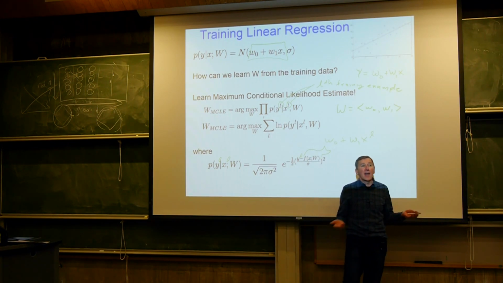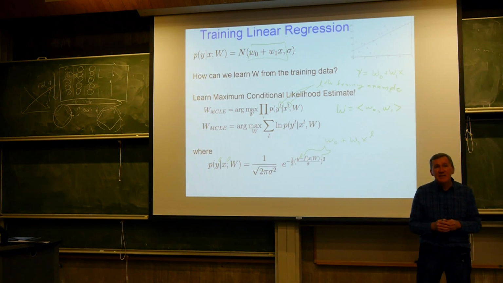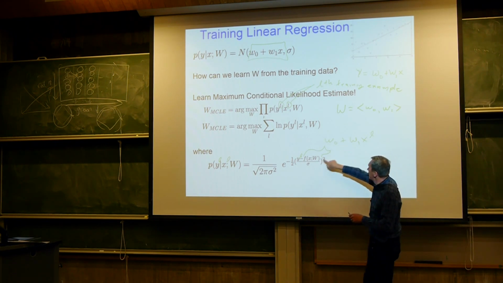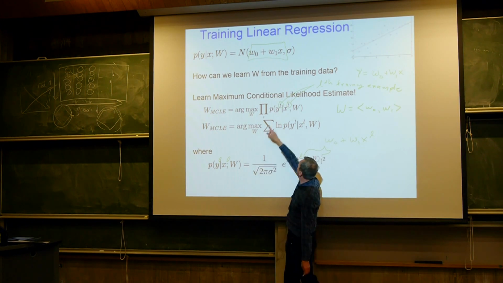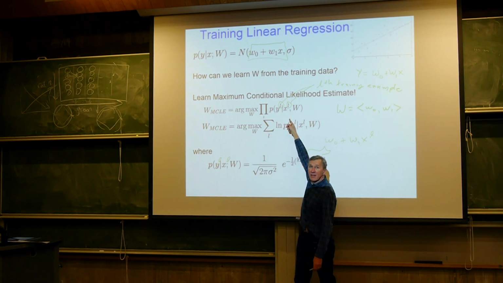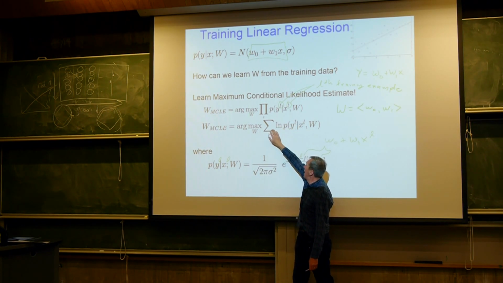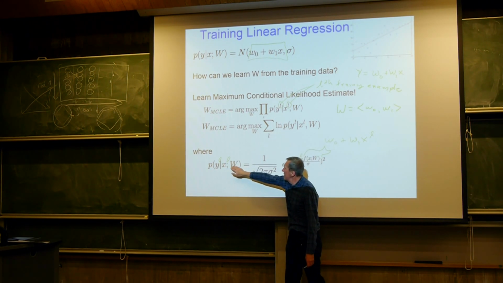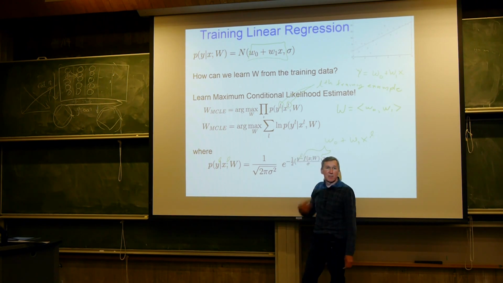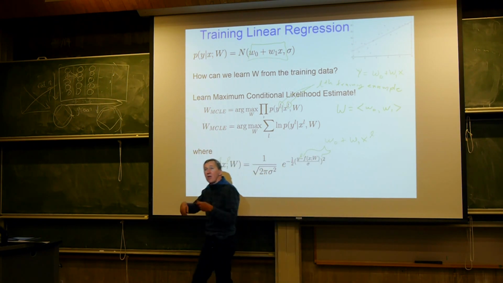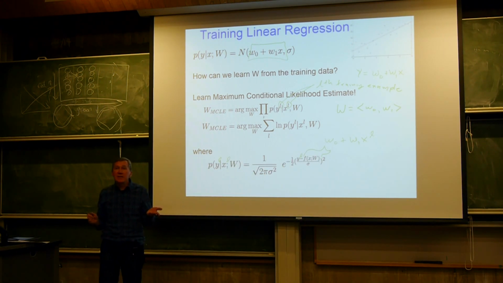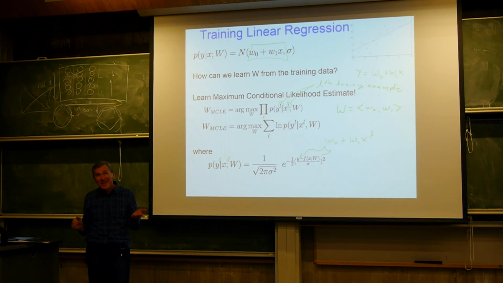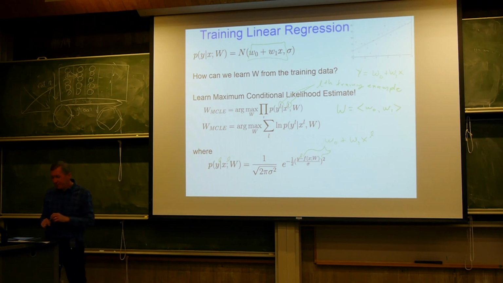But just as before, if we want to find the set of weights W which maximize this quantity, or which equivalently maximize the log of it, then we can just plug things in and solve, for example with a gradient descent rule, to maximize that likelihood.